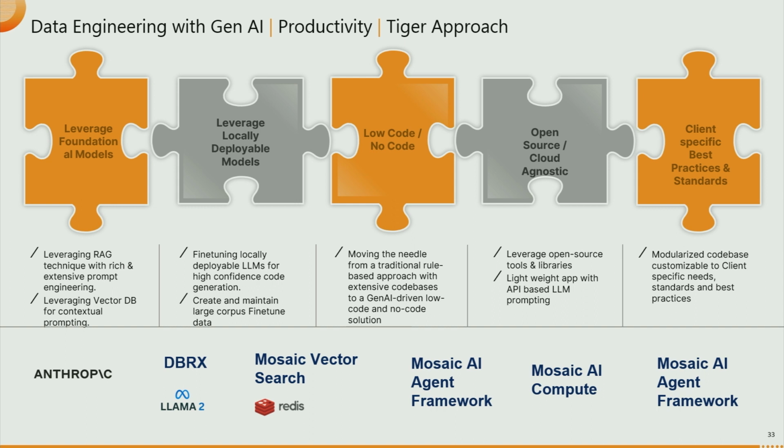So we use, for example, Anthropic or OpenAI as the foundational models to build these co-pilots. And in the open area, we are using DBRX and Llama 2 models. We're using Mosaic's vector search, and in some cases, where high volume and high throughput are required, Redis vector search as well.